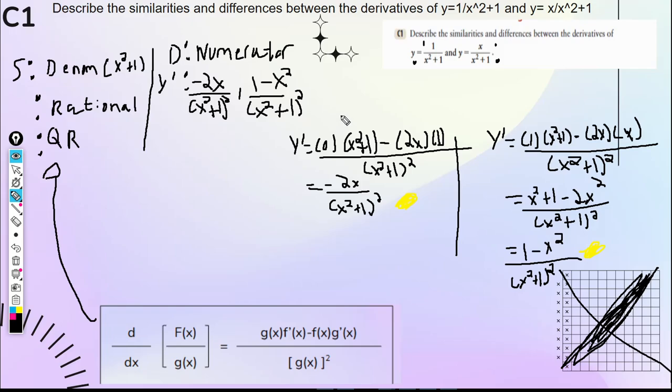So the derivative of this would be y equals... yes, I know my handwriting's bad, okay? Y equals x squared plus 2 over x squared plus 1 squared. Okay, now let's get on to the next question.